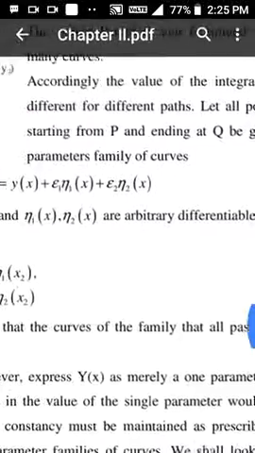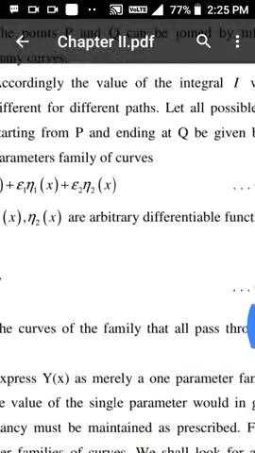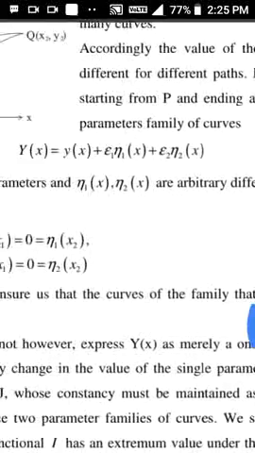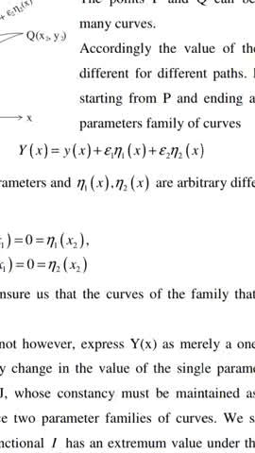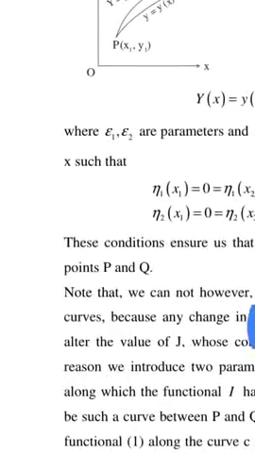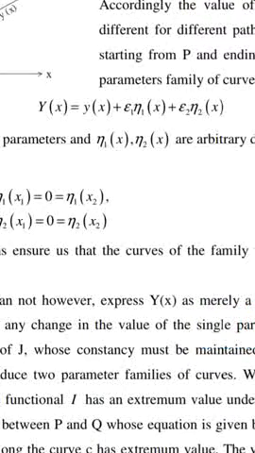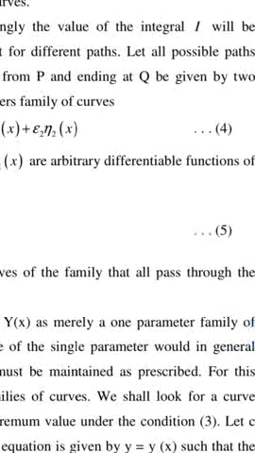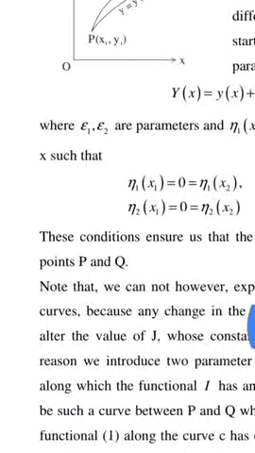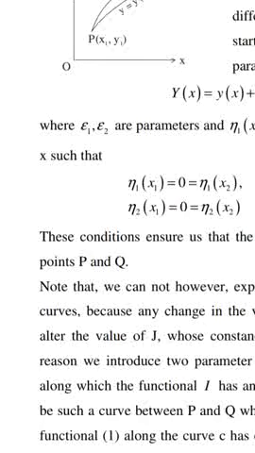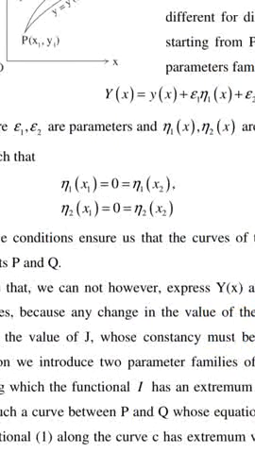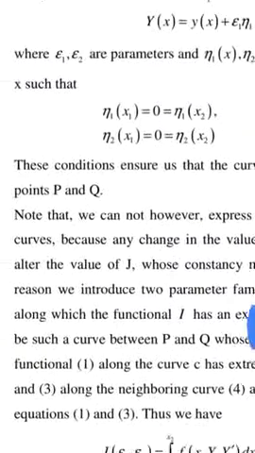Let all possible paths starting from P and ending at Q be given by a two-parameter family of curves, capital Y of x is equal to y of x plus epsilon 1 eta 1 of x plus epsilon 2 eta 2 of x, where epsilon 1, epsilon 2 are parameters, and eta 1 of x, eta 2 of x are arbitrary differentiable functions of x, such that eta 1 of x1 is equal to 0, eta 1 of x2 is equal to 0, and eta 2 of x1 is equal to 0, eta 2 of x2 is equal to 0.